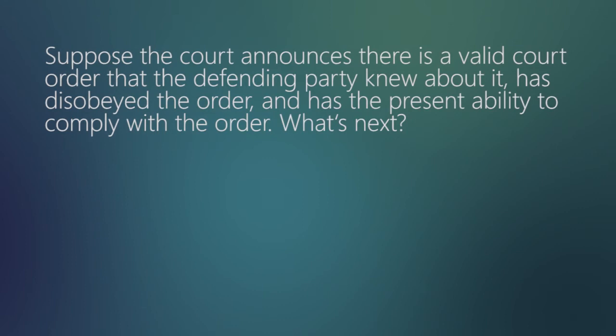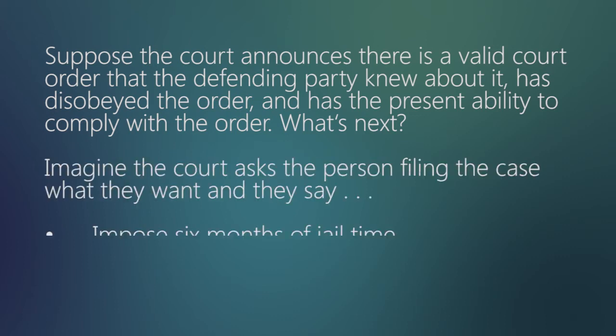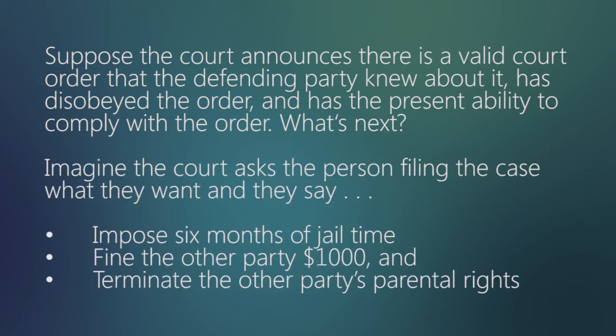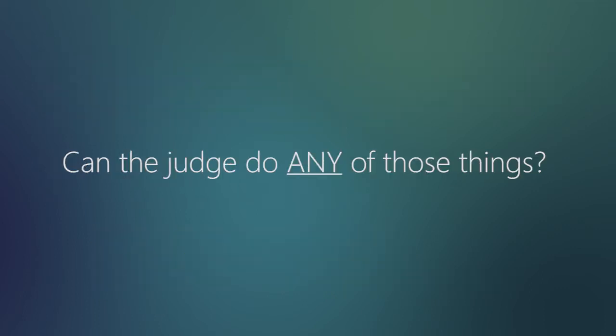Suppose the court announces there is a valid court order that the defending party knew about, has disobeyed the order, and has present ability to comply with the order. What's next? Imagine the court asks the person filing the case what they want, and they say, impose 6 months of jail time, fine the other party $1,000, and terminate the other party's parental rights. Can the judge do any of those things?